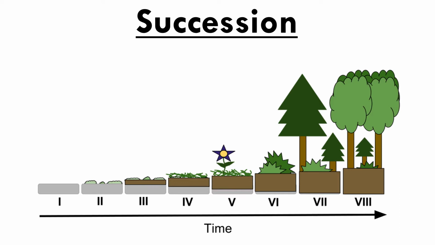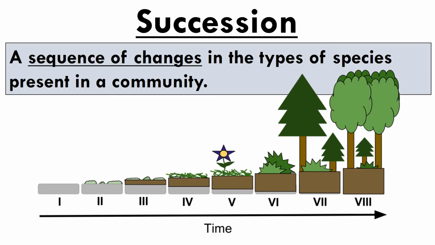Succession is illustrated here. So essentially what it is, the development of an ecosystem, and in this instance it's from nothing, from bare rock, and this is over a period of time. Eventually you have got forest. So defined, succession is a sequence of changes in the types of species present in a community.